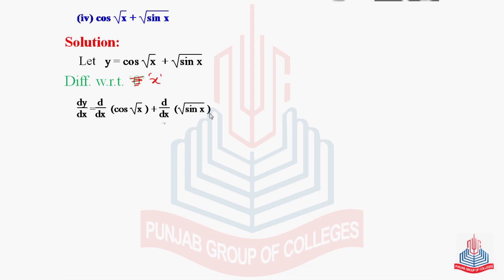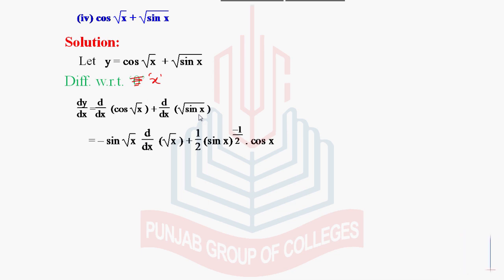Derivative of cos will become minus sine with angle square root x, and then derivative will apply on the angle, which is square root x, plus this is a function containing a power 1 by 2. So the power rule will apply: 1 by 2 times the function to the power 1 by 2 minus 1, which is minus 1 by 2, and then derivative will apply on this inner function sin x.